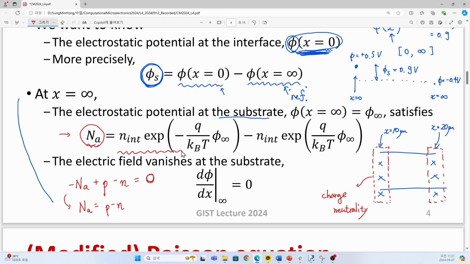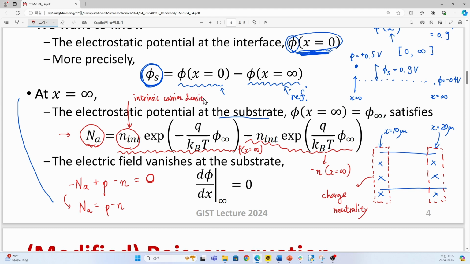This is corresponding to the hole density evaluated at a substrate point, and this quantity is corresponding to minus n evaluated at a substrate point. Please note that here we have n_int, and you know that this corresponds to the intrinsic carrier density.